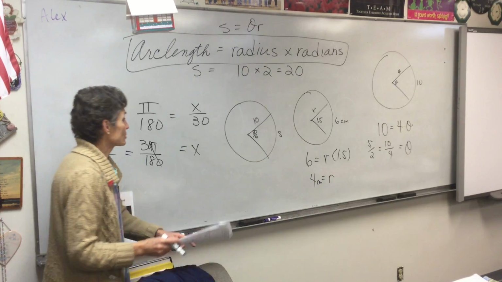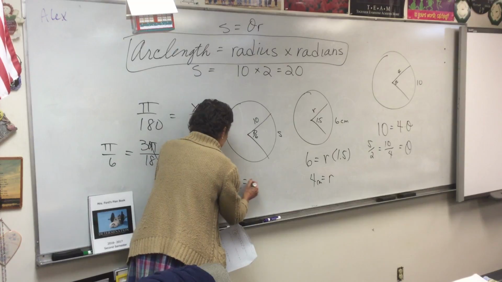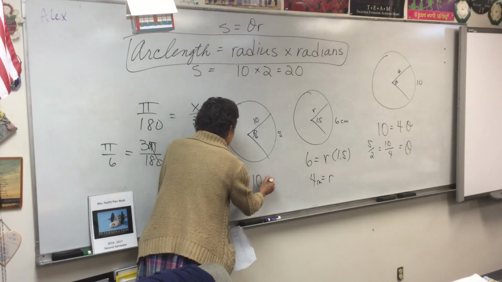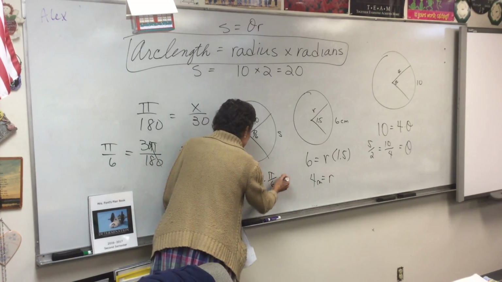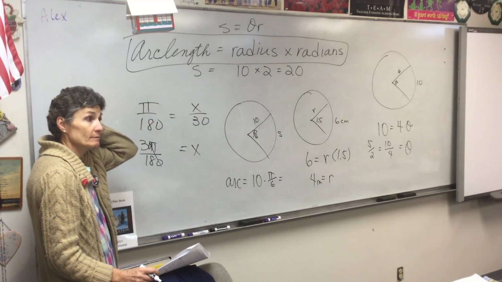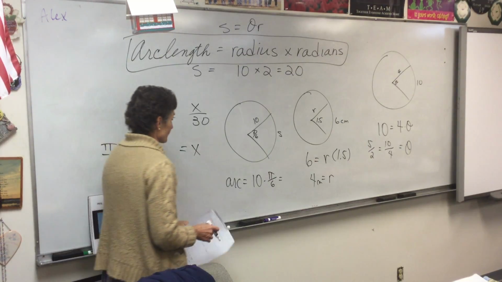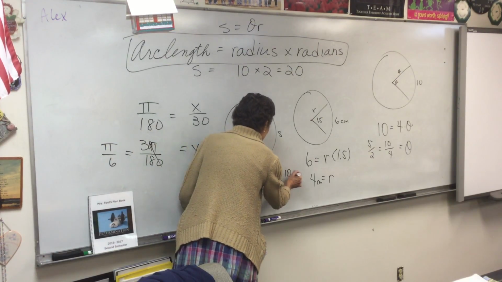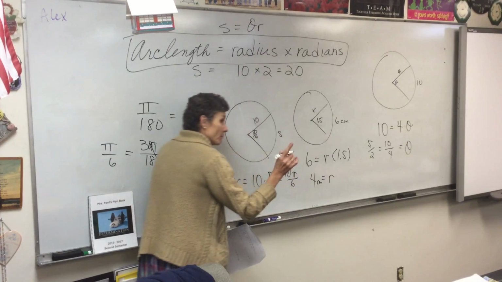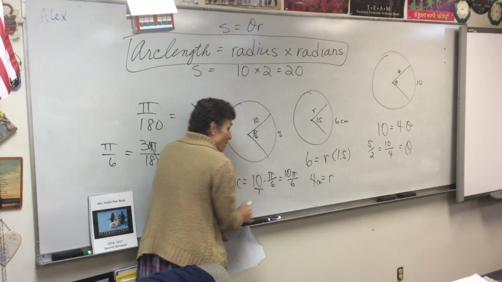Okay? So here we go. Arc length equals radius times radians. That's my formula. So that's 10 pi over 6. Remember, when you multiply fractions, kids, it's top times top, bottom times bottom.